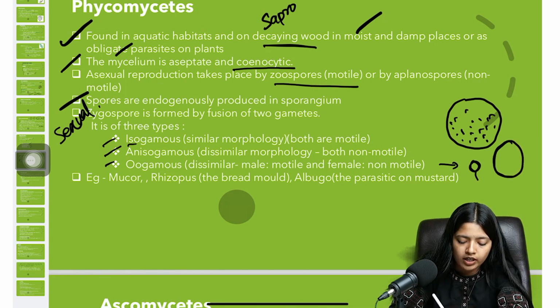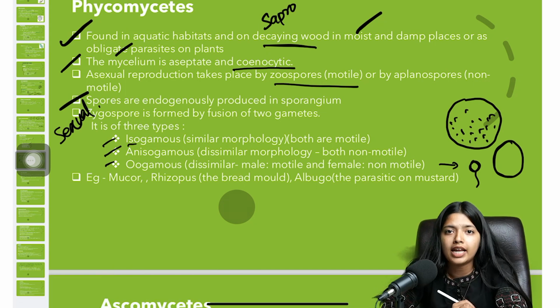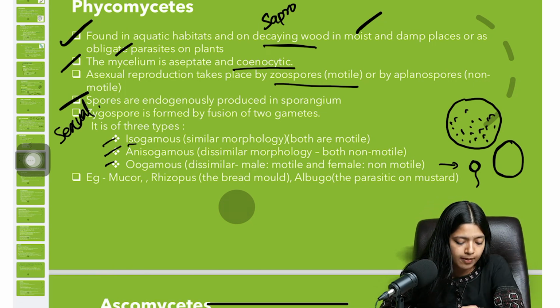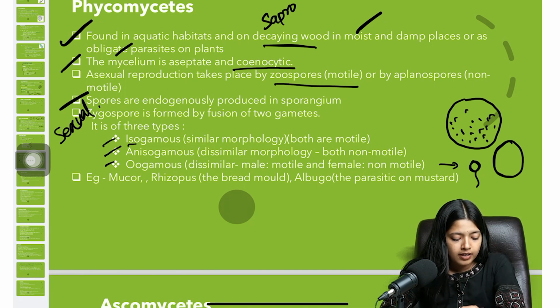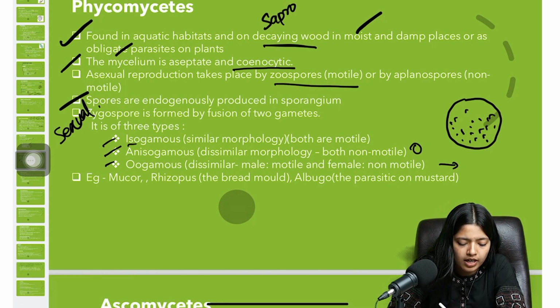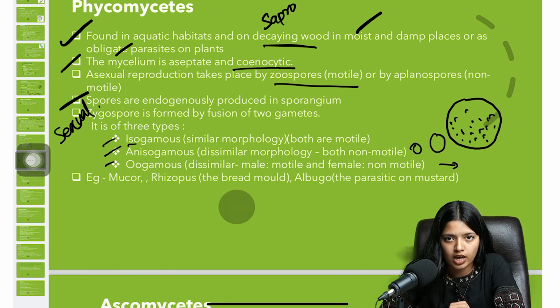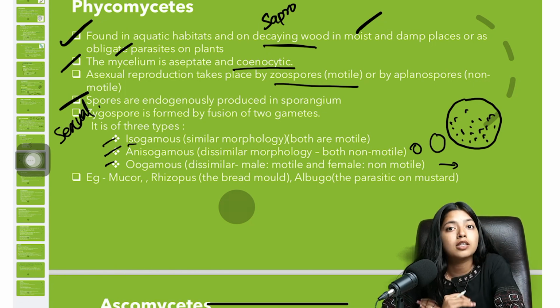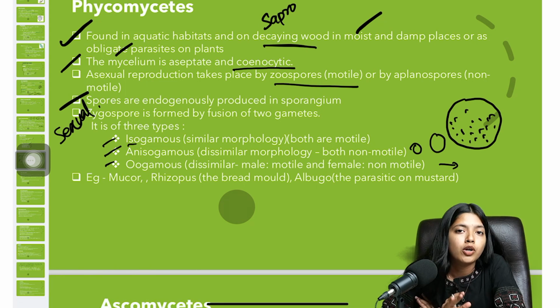The male is motile and the female is non-motile in oogamous. Once again, in isogamous, both are the same and both are motile. In anisogamous, both are dissimilar and non-motile, one small and one large. In oogamous, they are dissimilar, not morphologically similar, and the male is motile whereas the female is non-motile.